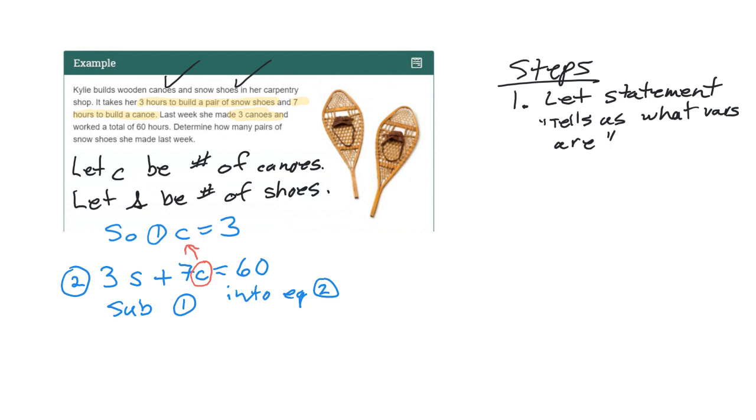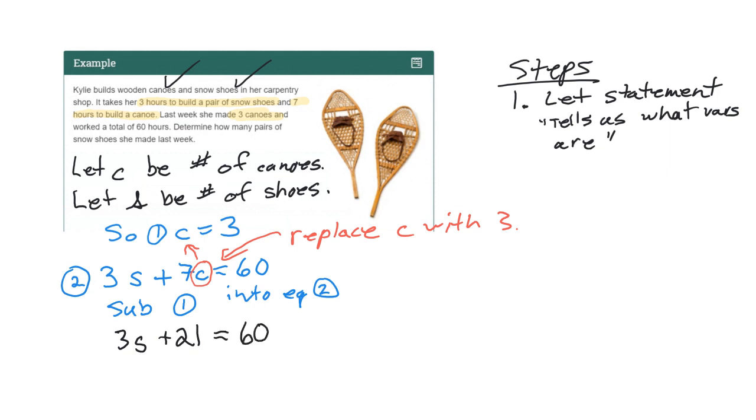So that means we're going to replace C with 3 in the second equation. Okay, so let's go and do that substitution. So we have 3S plus 21 is equal to 60.